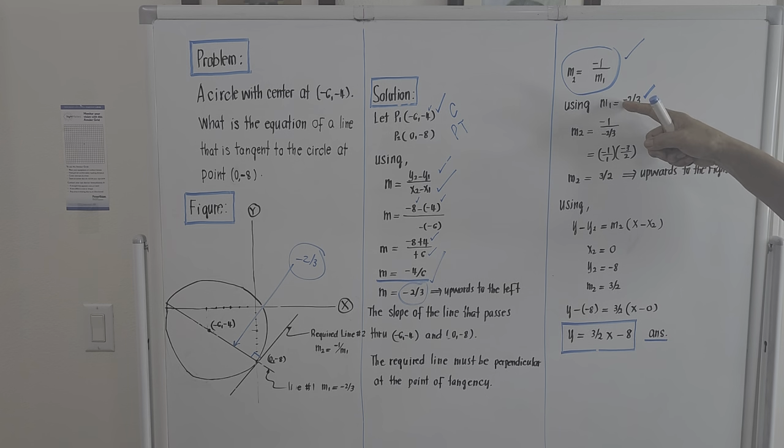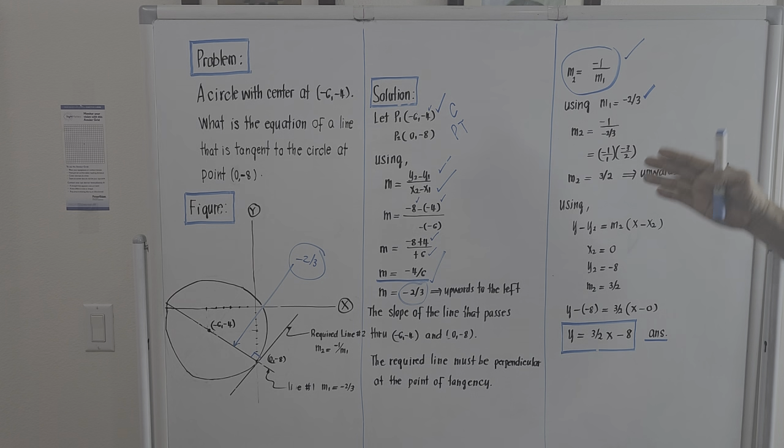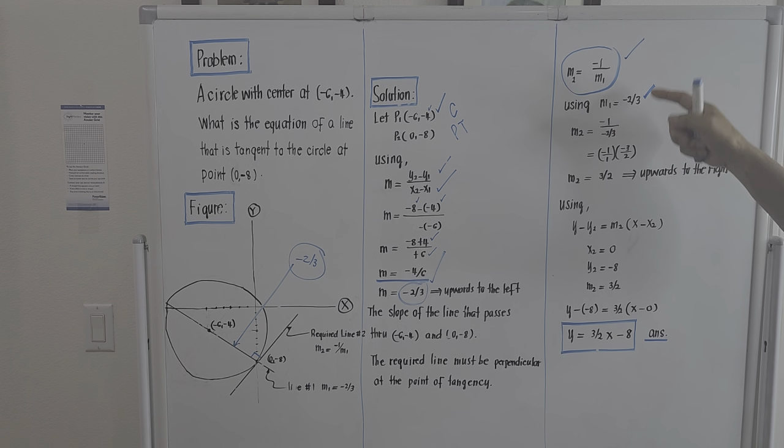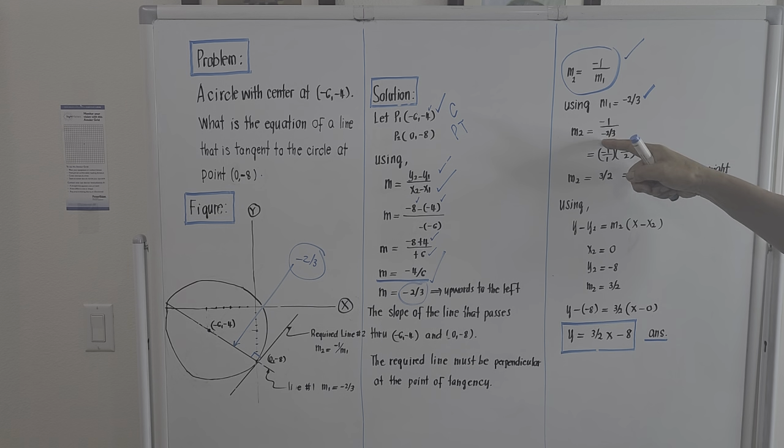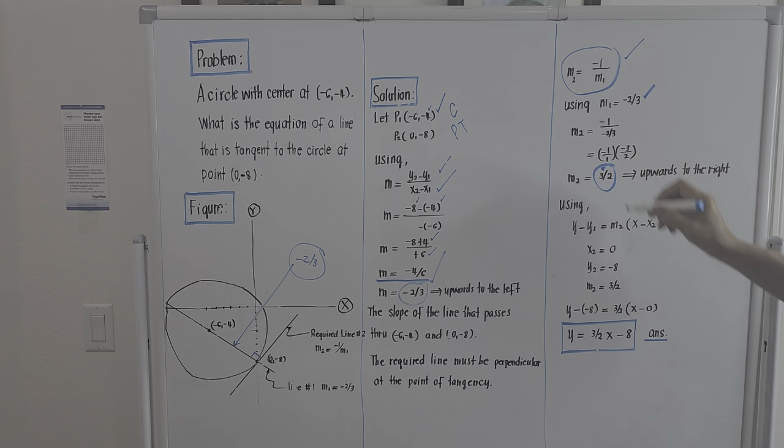So this is -1 all over -2/3, performing operation. A negative 1 is just negative 1 over 1, and we change the operation from division to multiplication. We will take the reciprocal of negative 2 thirds, which will be negative 3 halves. So a minus and a minus will be plus 3, and 1 times 2 will be 2. So m sub 2 now will be plus 3 halves.